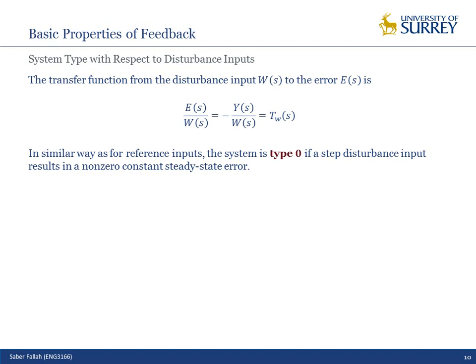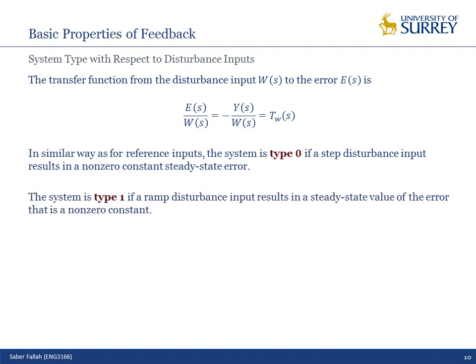Doesn't matter if this type is the reference or disturbance. Again, the system type is the one for the disturbance input if the steady state error for the ramp input is a non-zero constant, for the step input is 0, for the higher order is infinite.